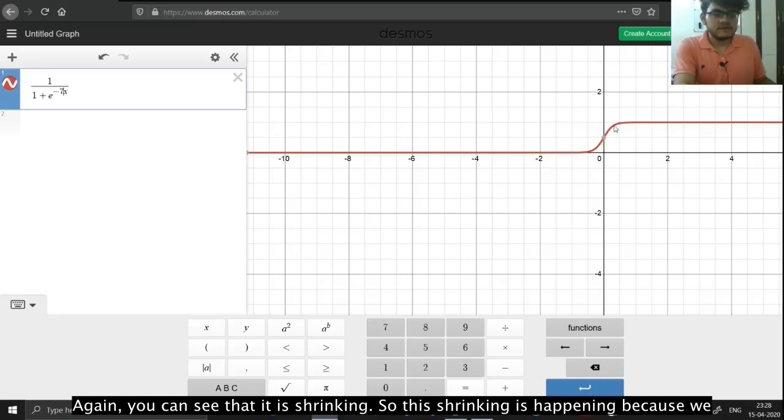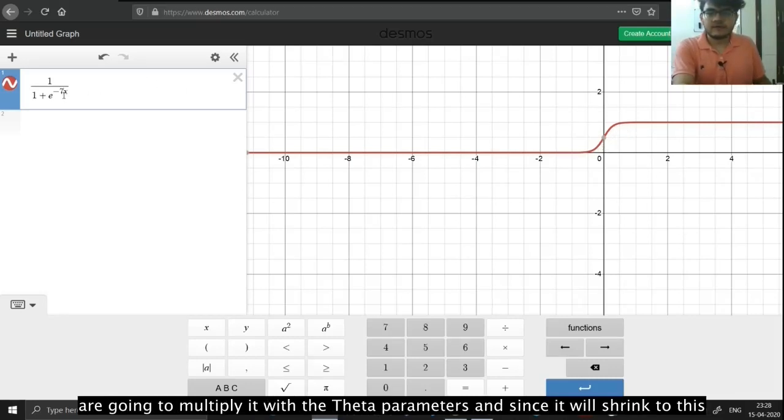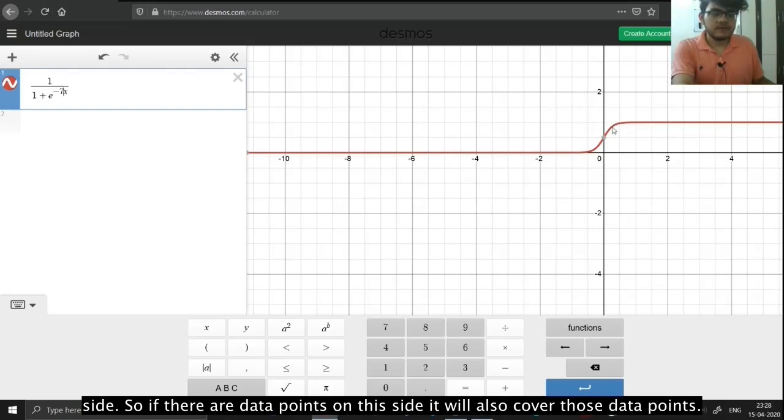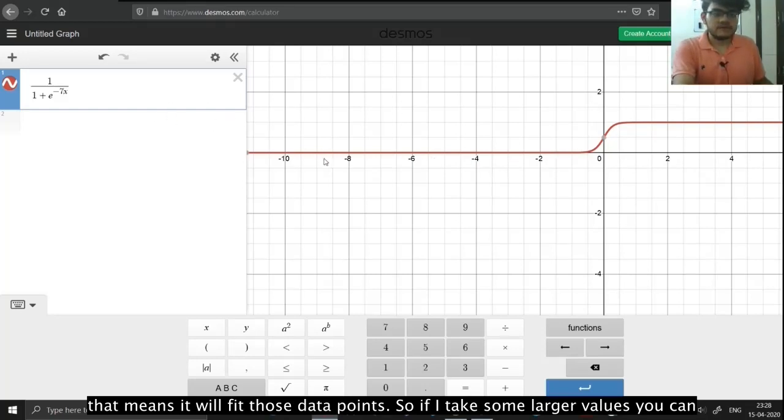This shrinking is happening because we multiply it with the theta parameters, and since it shrinks to this side, if there are data points on this side, it will also cover those data points. That means it will fit those data points. If I take some larger values, you can see it will shrink more and more.